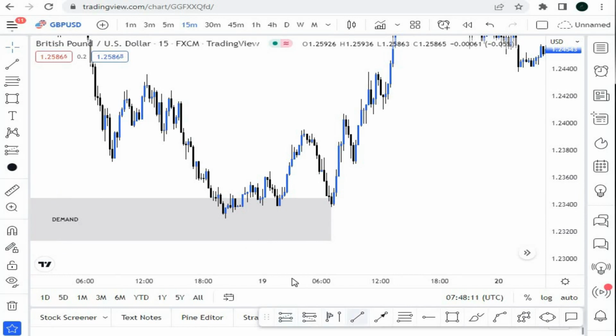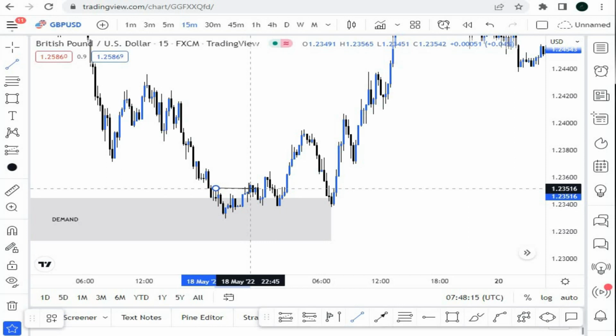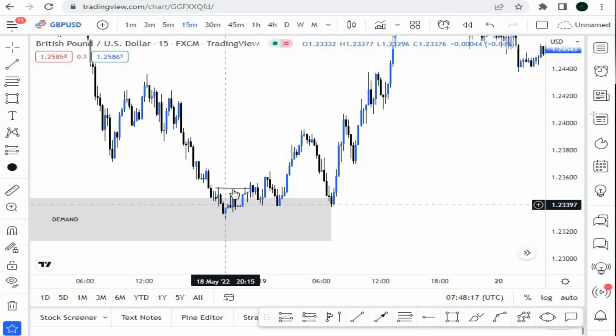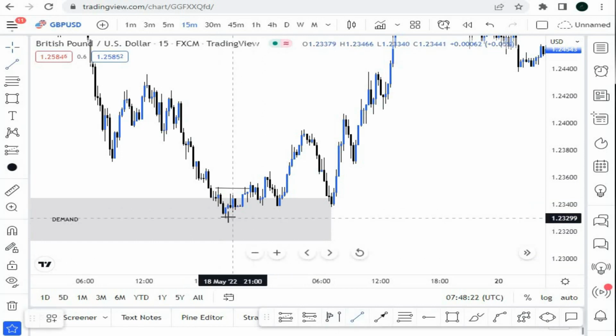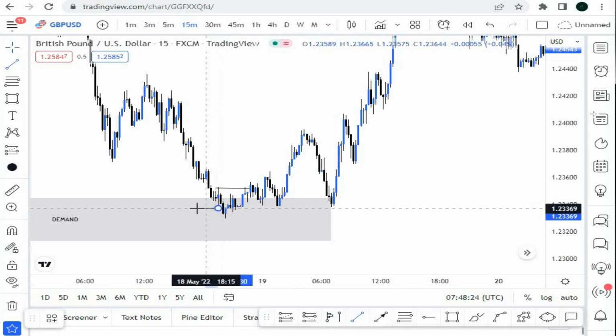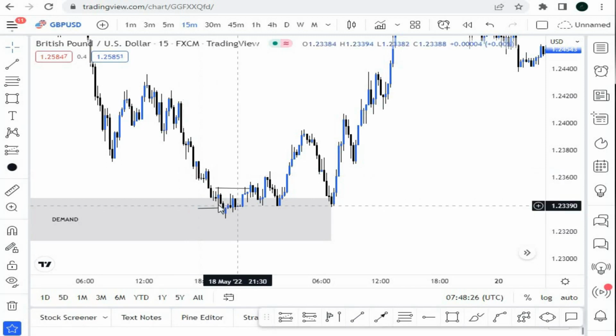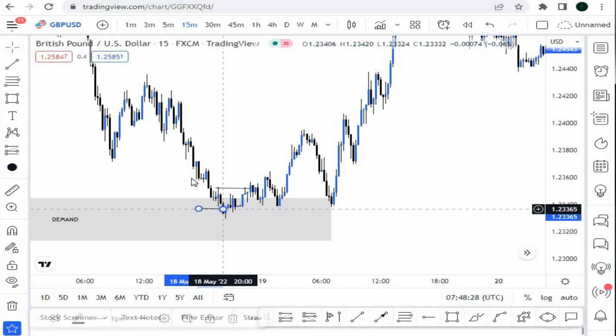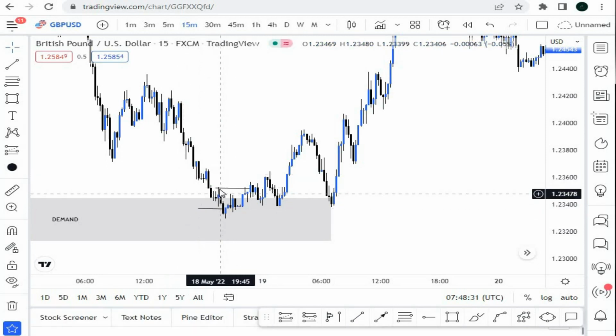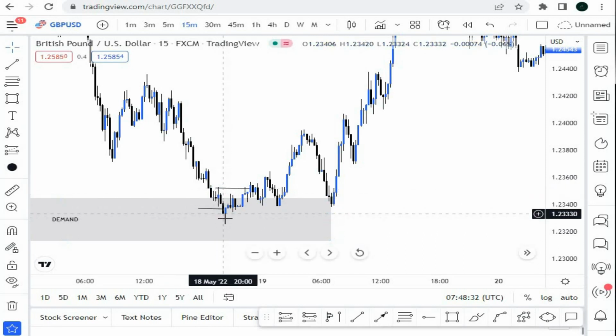As you can see, we had our break, our change of character, can't say break of structure. So this was our change of character, and our break of structure was made below here, but you can only see this break of structure in 5 minutes, because now we are using 15 minutes, and you can see this was the last opposite candlestick, price coming into the demand zone.